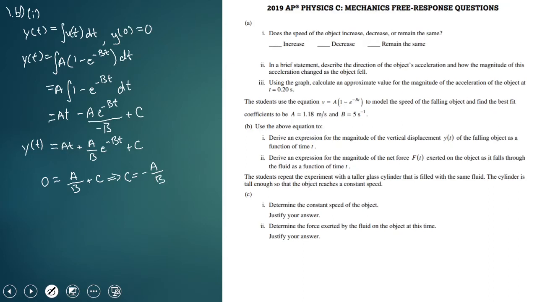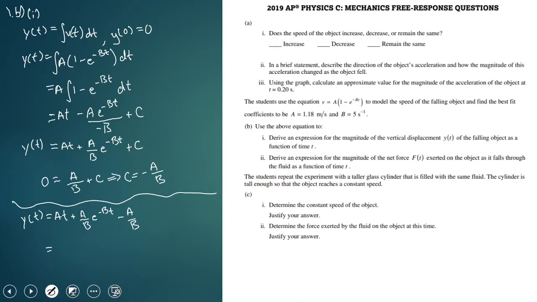And so using this information, I can write out my final y at t expression. So y at t is equal to at plus a over b e to the power of negative bt minus a over b. Now this should suffice, but if you did want to convert it into numerical values, then we can make all the substitutions.